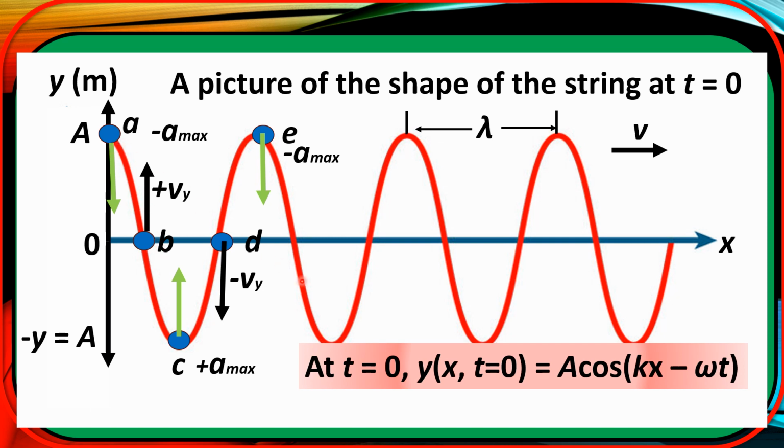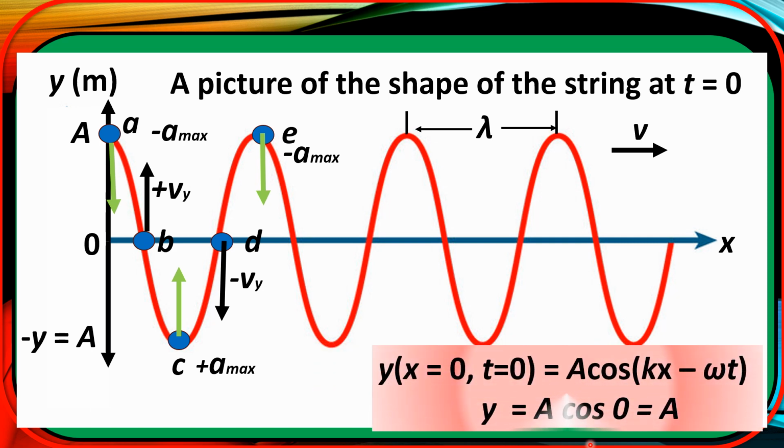So if x equals 0, at time 0, what do you think will be the y displacement of that particle? All we need to do is just substitute the x and the time t.